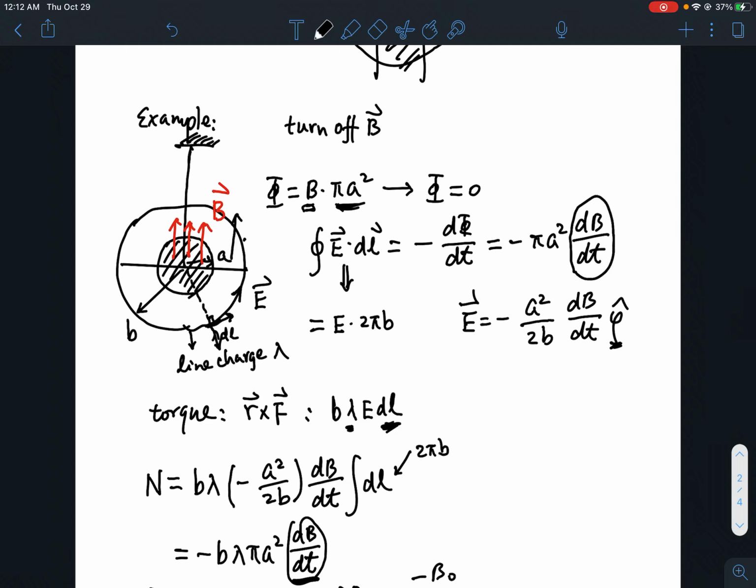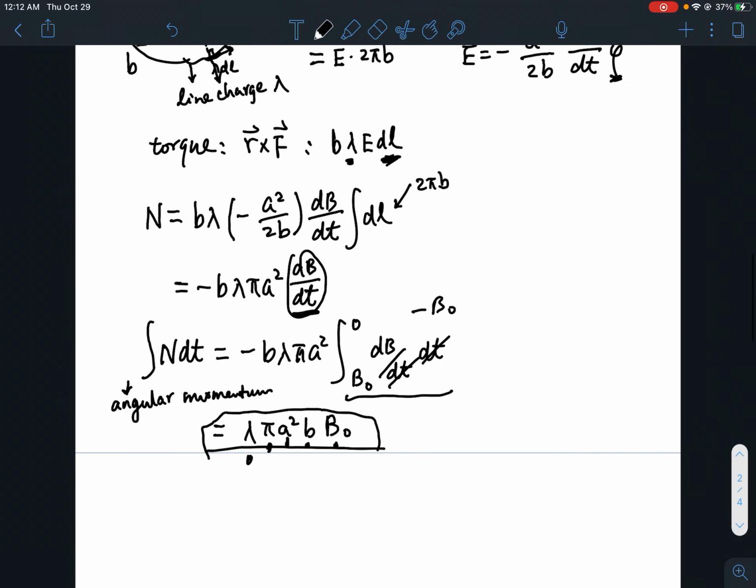Okay, so if we slowly turn off the magnetic field to 0, or we very quickly change the magnetic field to 0, it doesn't really affect the total angular momentum that this wheel has, because changing the B field causes an induced electric field, and this electric field applied on the charge will make this wheel rotate and gain angular momentum.